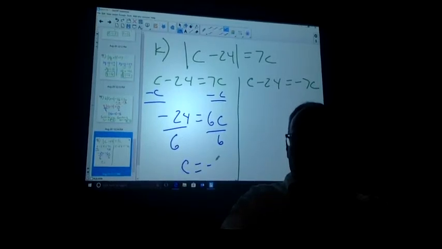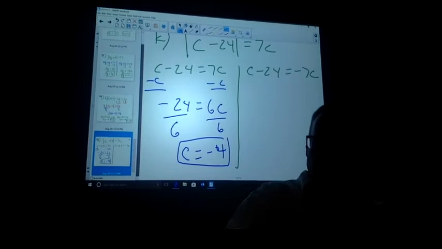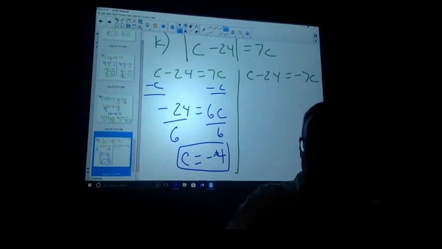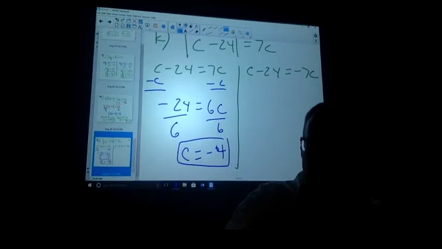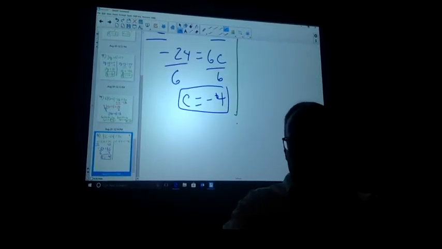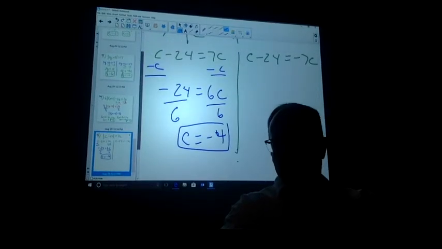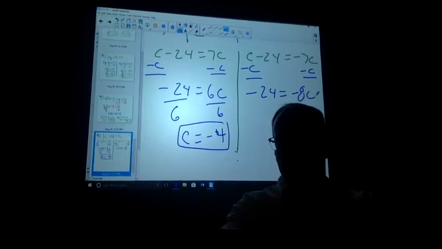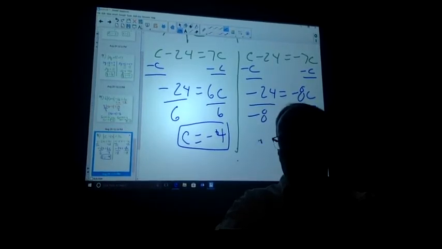C equals negative 24, or negative 4, excuse me. Negative 4. Okay, so there's the first one. Second one, same thing. Subtract c from both sides. So negative 24 equals negative 8c. Divide each side by negative 8. Negative over negative is positive, so I wind up with c is equal to 3. There's my two answers.